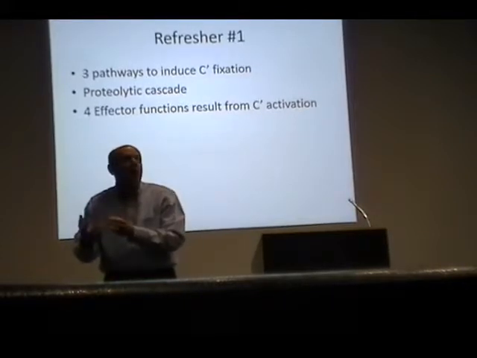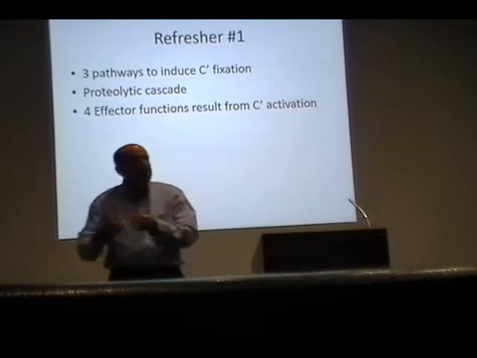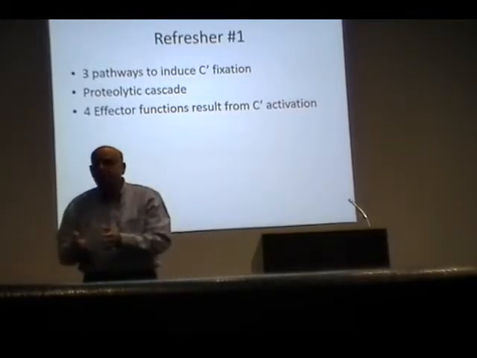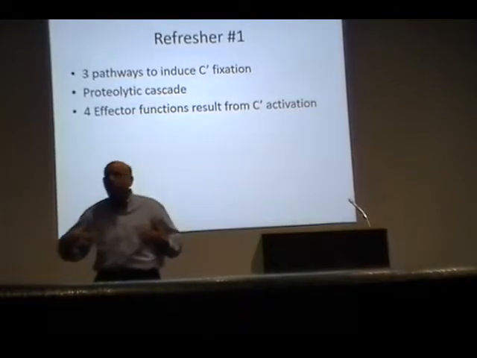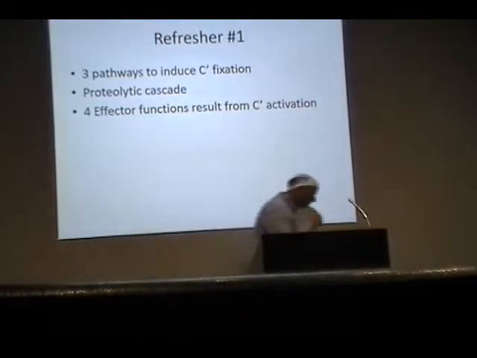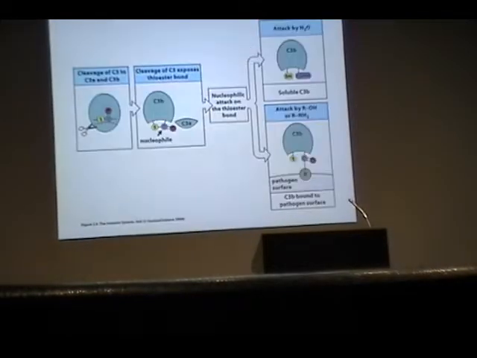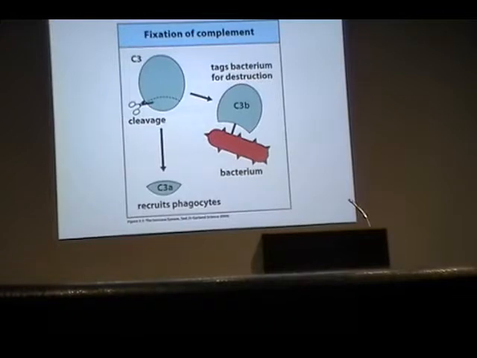We reveal the thioester bond, that nucleophile attacks the bacteria, chemically links C3b to the bacteria, bingo, we're done. Well, we're not done, but that's what we want. Which is really what you're seeing here, without the chemistry.